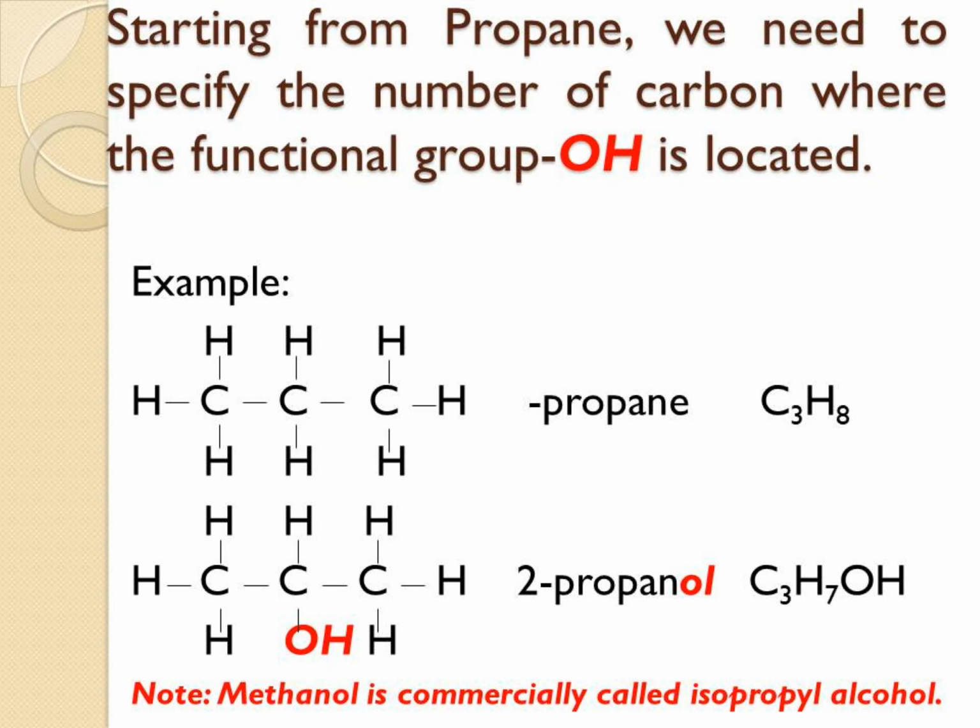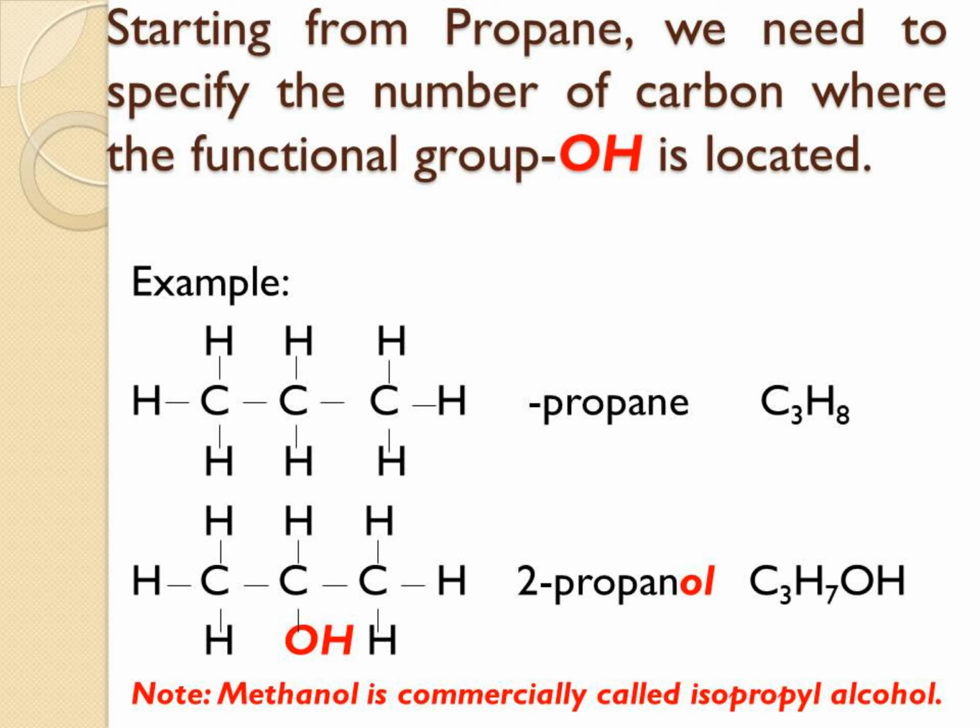Starting from propane, we need to specify the number of the carbon where the functional group OH is located. For example, propane is C3H8, but when one of the hydrogens in propane is replaced by the hydroxyl OH, it becomes an alcohol, and the name is 2-propanol.